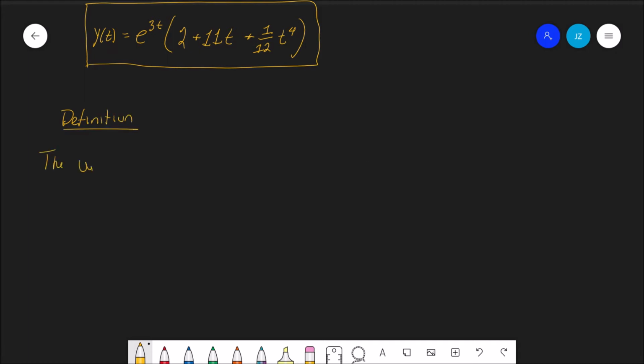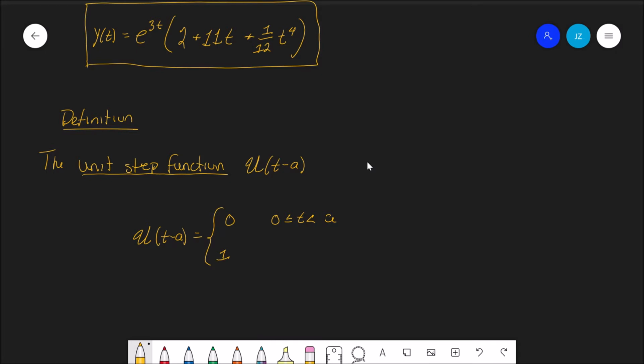The unit step function u of t minus a is defined to be a piecewise function. 0, whenever 0 is less than or equal to t, just less than a, sorry, and 1 whenever t is greater than or equal to a.